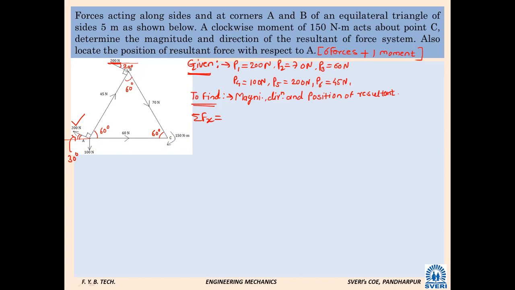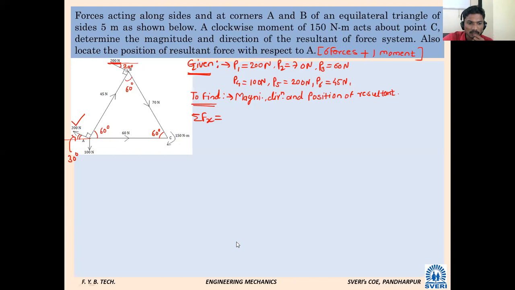Sir, R is equal to 146.98. Anyone has calculated? 146.98. 169.13 is the answer. Your voice I'm not getting. Anyone other?